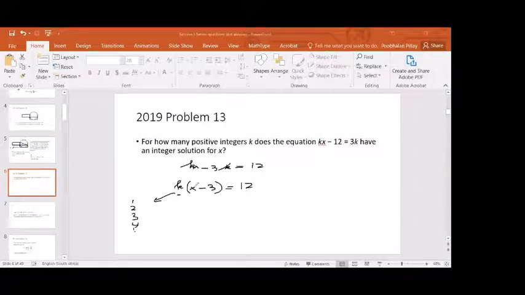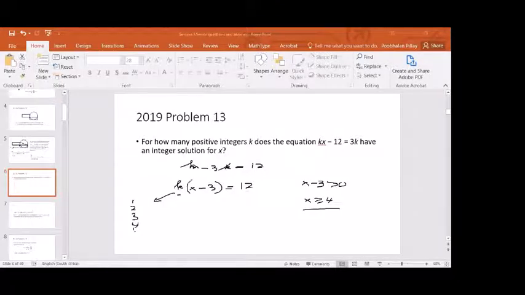So x minus 3 itself must be a positive integer. Positive. So x is greater or equal to 4. Those are the positive integers. So you got x greater or equal to 4.